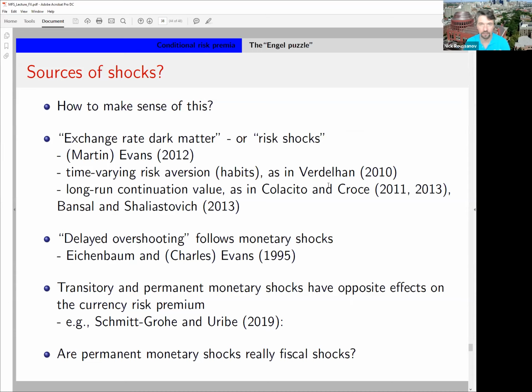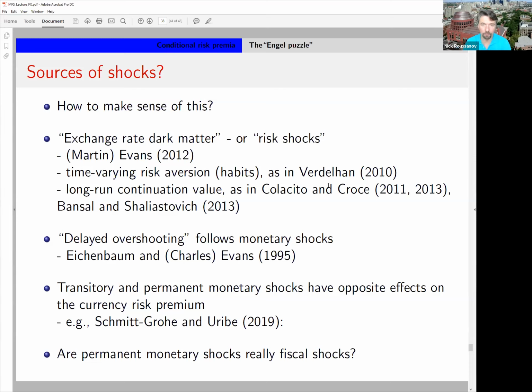Now, these monetary models talk about a reaction to monetary policy shocks, and this evidence says that while there is an initial positive reaction that is not fully offsetting differences in interest rates, there is then a subsequent overshooting. The more recent evidence that looks more carefully at the transitory and persistent or permanent components of shocks says that they have the opposite effects, which is in fact needed to reconcile the signs of the short-term versus long-term risk premia.